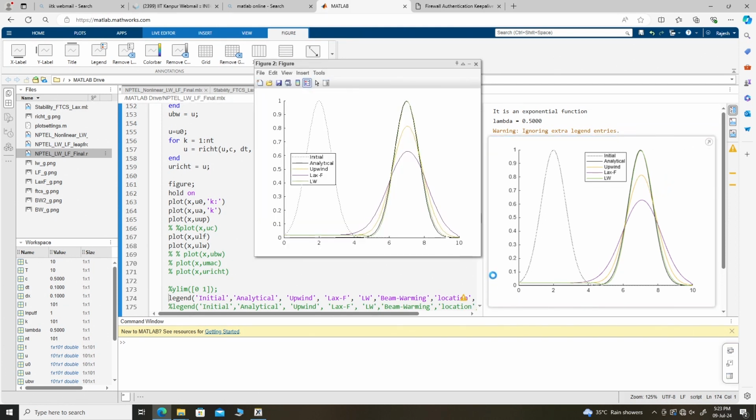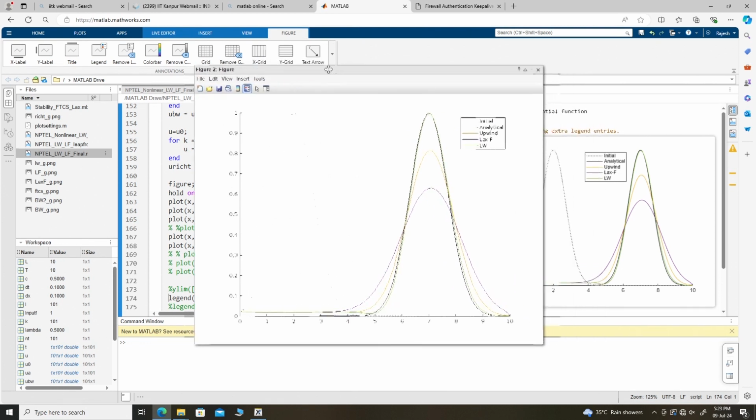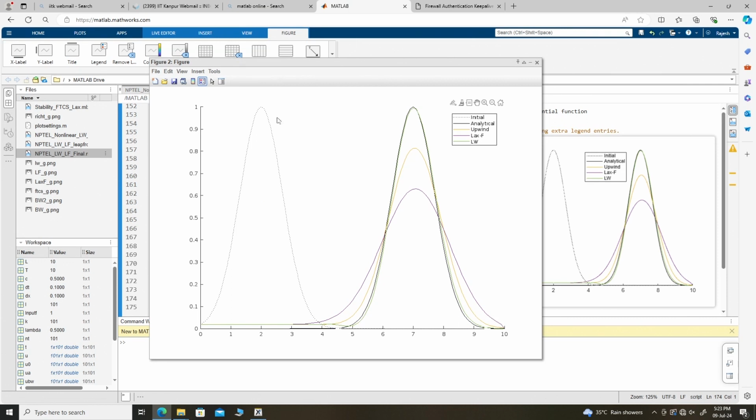Let me open it here. I hope you are able to see my screen. So, this is my initial wave, the black one, and this is the final solution. The one on the top is the analytical solution, in black, and then you have the upwind scheme, which has a lot of dissipation.